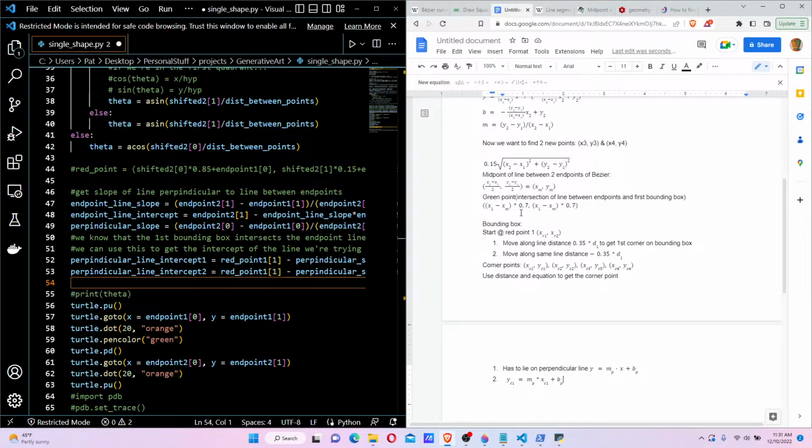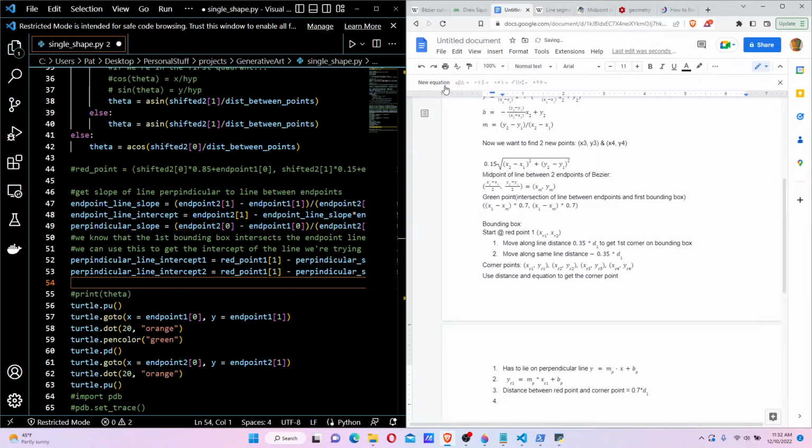What's the second rule? Well, the second rule is that the distance between the corner point and the red point is equal to 0.7 d1. So distance between red point and corner point is equal to 0.7 times d1. Okay.